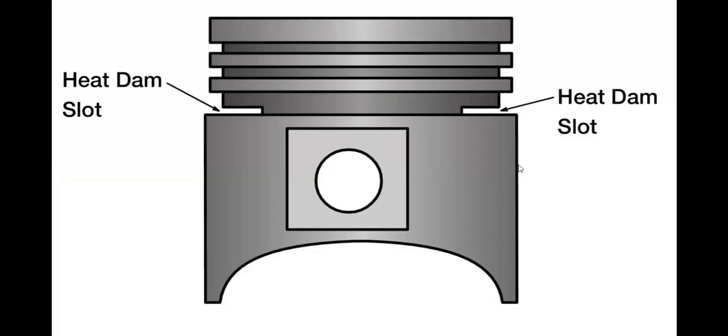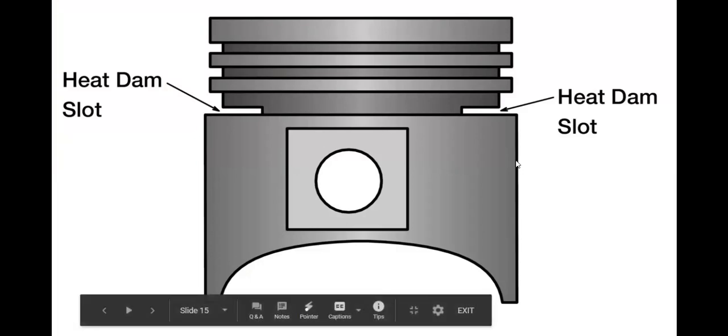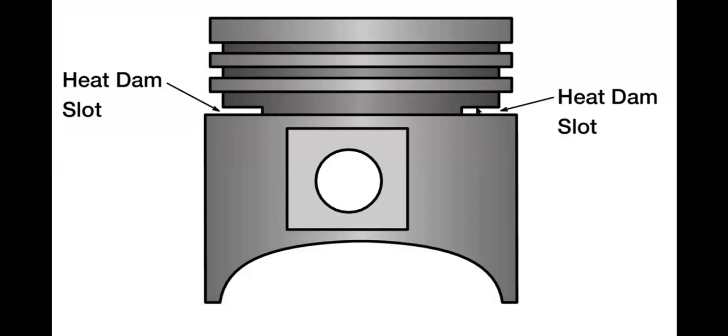To prevent the skirts and cylinder walls from getting too hot, they actually have spots on the piston where it's just a slot, and that slot is designed to slow down the heat transfer between the top of the piston and the bottom of the piston. It's called a heat dam slot. You'll notice also this piston has grooves.